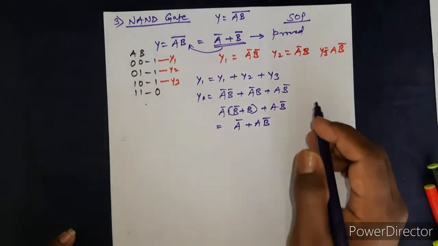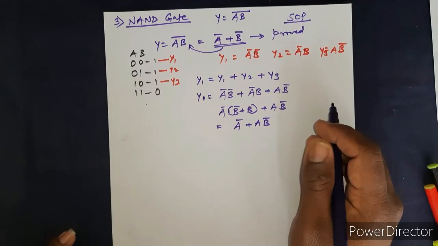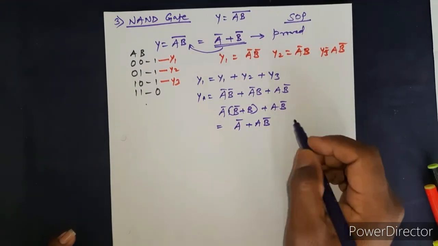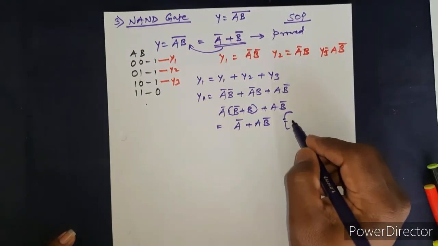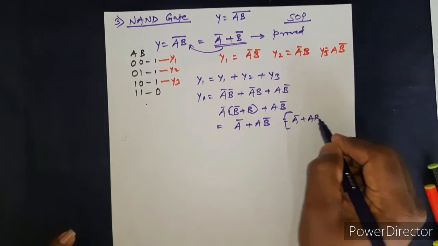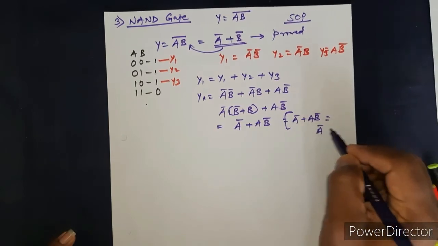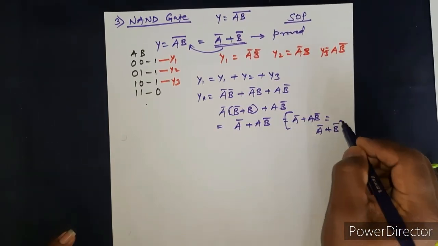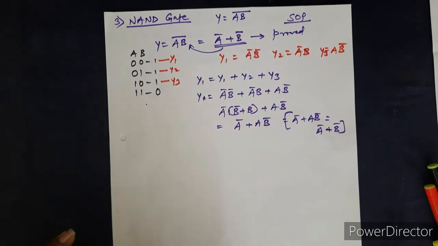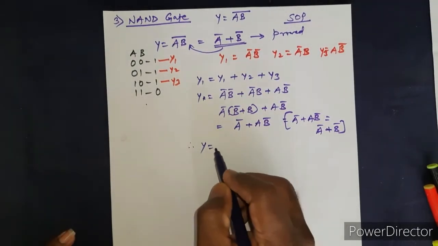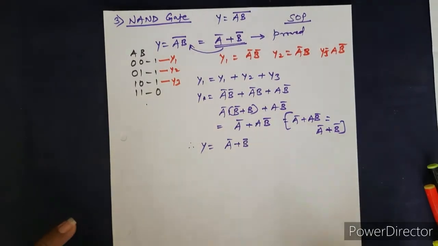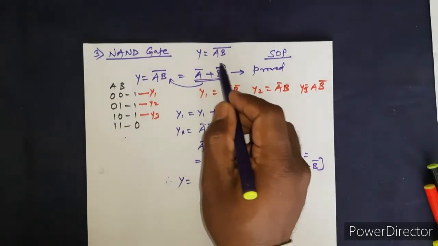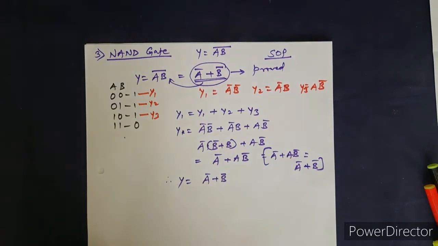So we have one more equation, where a bar plus a b bar equals a bar plus b bar, right? Therefore y equal to a bar plus b bar. So can you see this equation we have got, which is equal to NAND gate.